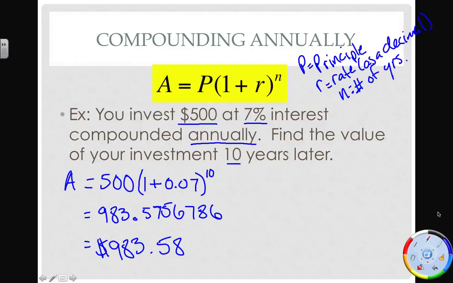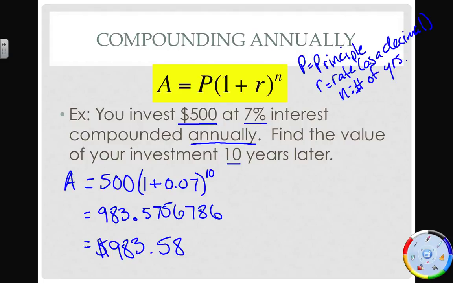They don't actually round up all the time. All right. So in this very simple equation, we have put in $500 at 7%, and after 10 years, you should have $983 in your bank account. Okay. That's not great. I mean, you put $500 in and you didn't even get $500 out after 10 years, but it's a start.